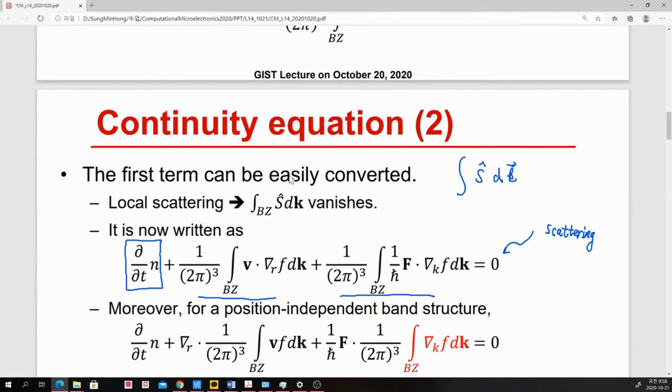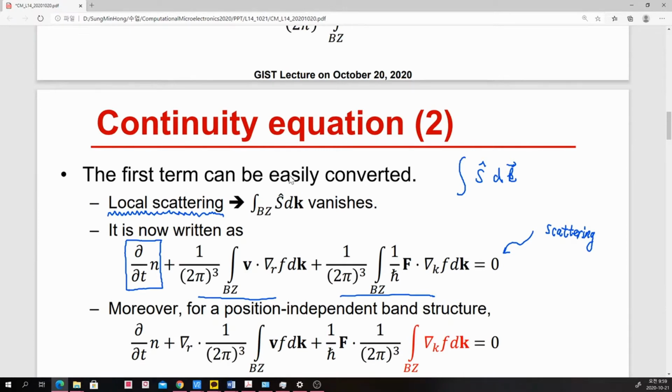But since we are assuming a local scattering, scattering can abruptly or instantaneously change the velocity. However, it does not change its position. The electron position is just kept as before, and only the velocity changes abruptly.